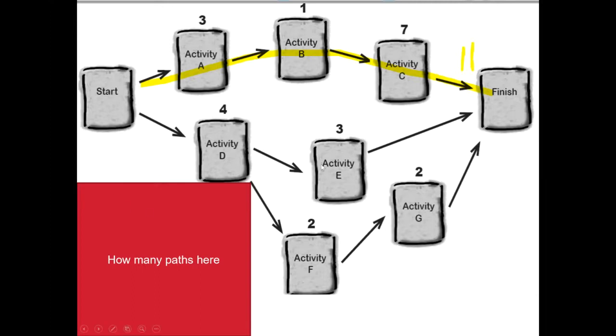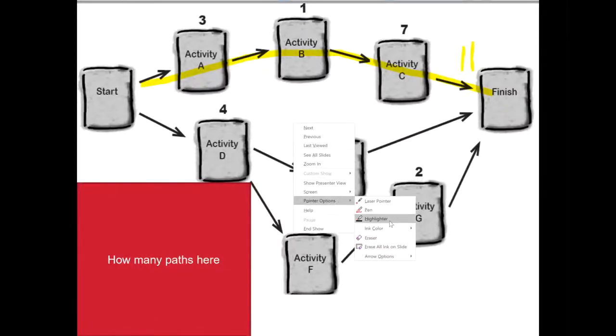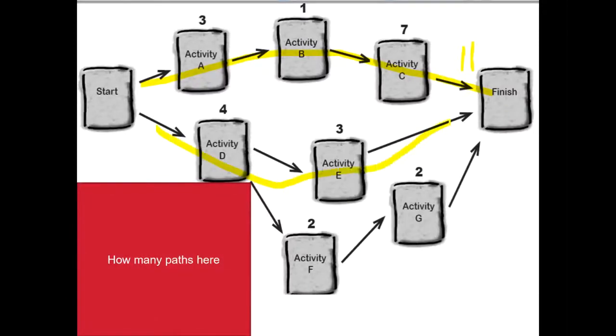We have got a path DE here, which has a total duration of 7 weeks. And thirdly, we have got a path DFG here, which would have a duration of 8. So which of these three paths are the critical ones?